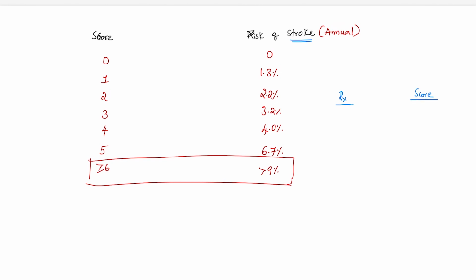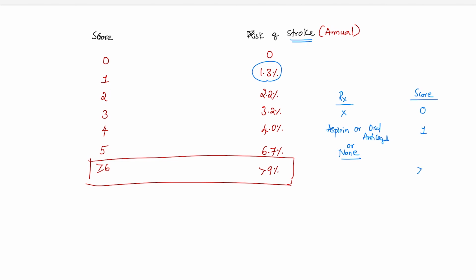If the CHA2DS2 score is 0, no need to give any treatment, or any prophylactic anticoagulant. If the score is 1, you can at least give aspirin, or you can even try an oral anticoagulant, or it's okay not to treat because the risk is only 1%.